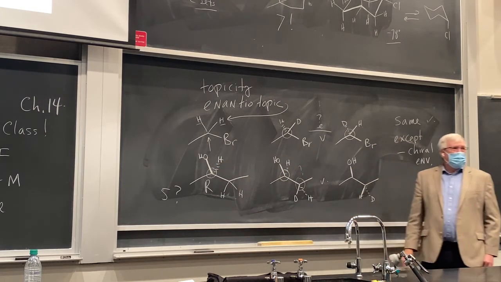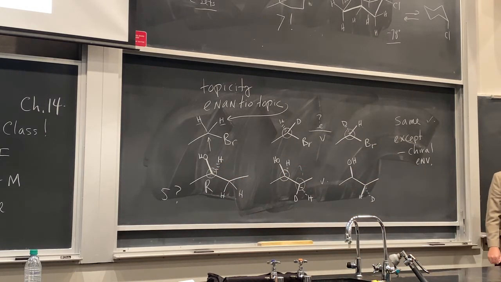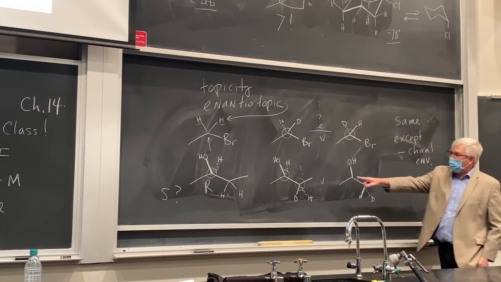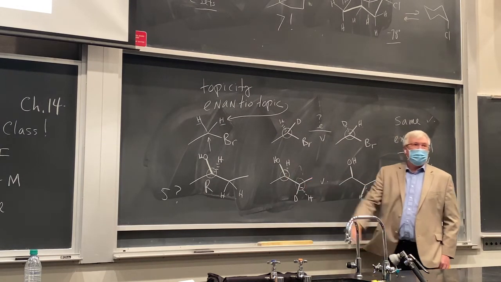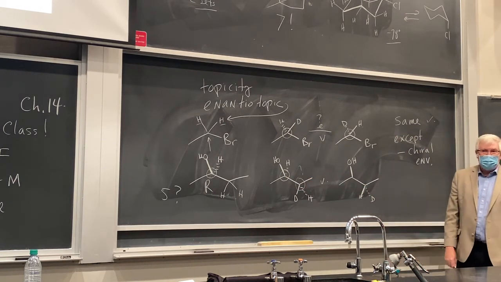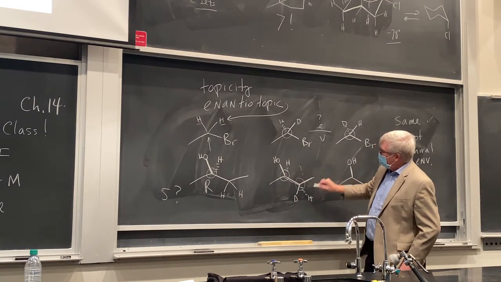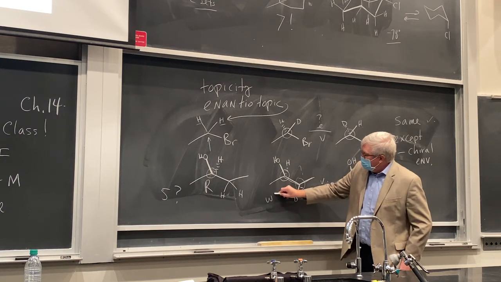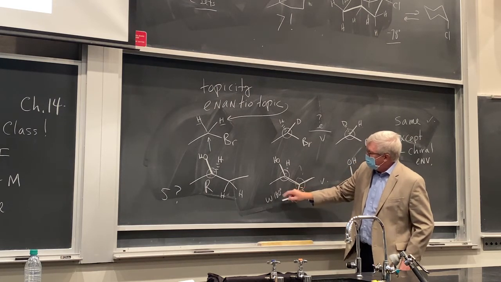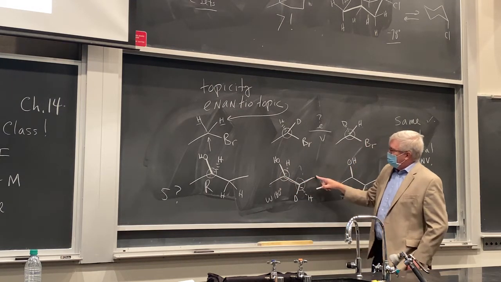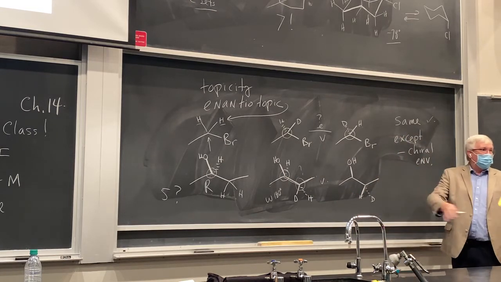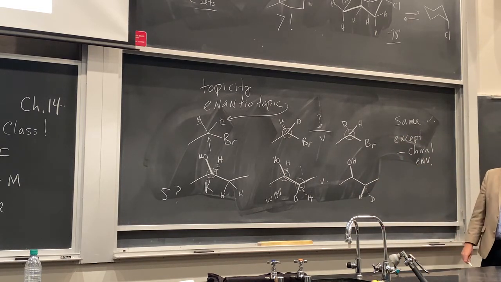But when we examine the topicity, or the three-dimensional positions of those two hydrogens on that methylene, they're actually different now because of the proximity of the existing stereocenter. So notice I have this conformation right here, 180 degrees. If you look at that methyl to that methyl, if you look at the rotation there, that should be 180 degrees.